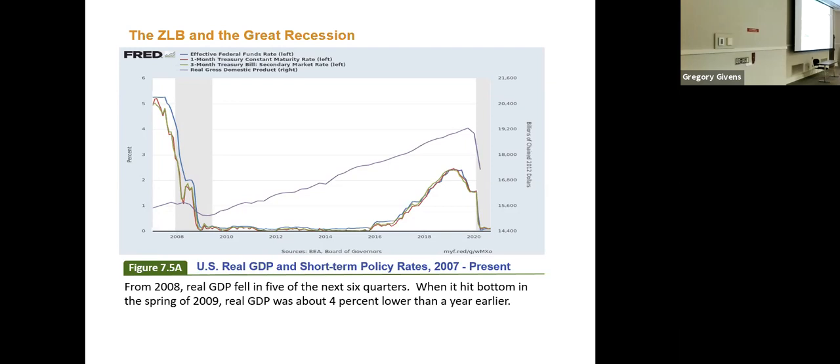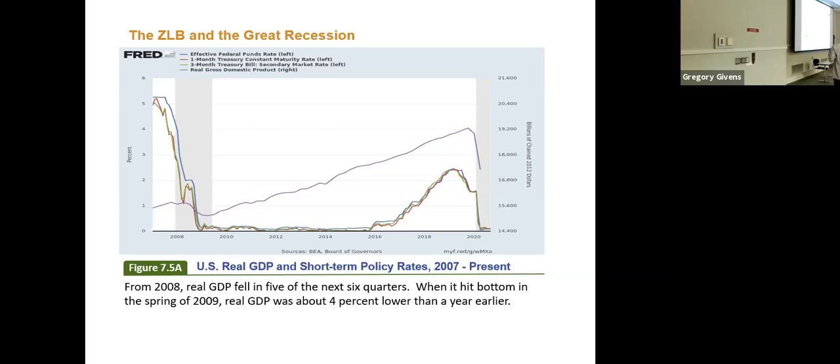In fact, real GDP by the end of 2009 was like 4% lower than what real GDP was at the start of the recession. So this was a significant decline in economic activity, all right? As a result of that big reduction in GDP, the Fed dramatically lowered its policy rate from around 5.25% all the way to its target range of 0 to 0.25%. That is the zero lower bound.